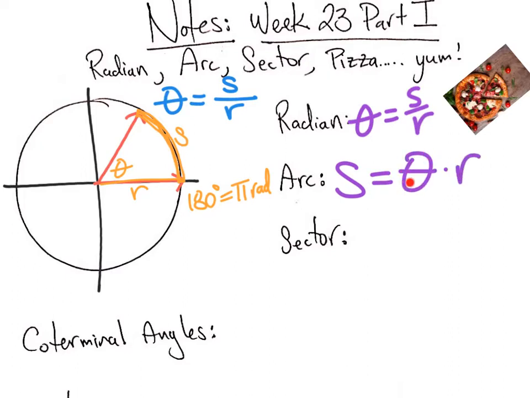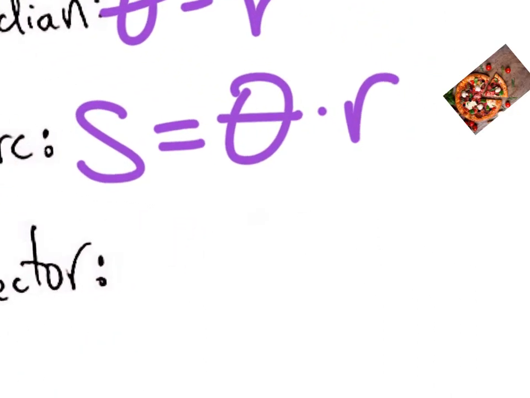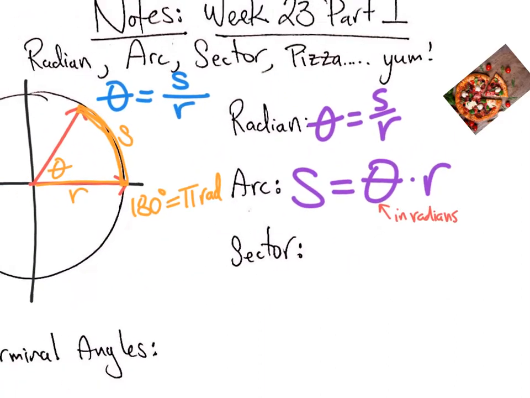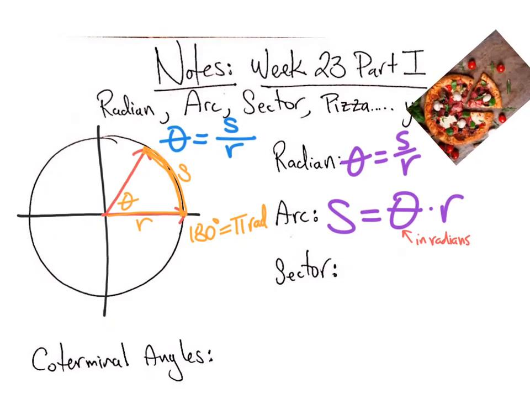And again, this has to be measured in radians. If you were to put a number in degrees in there, you would get a very different and wrong answer. And then by sector, we're talking about the area of the pizza.